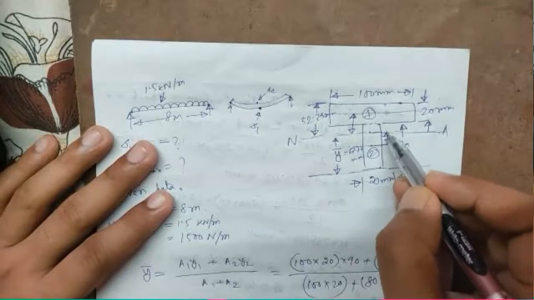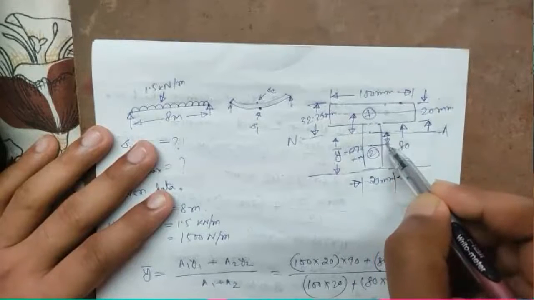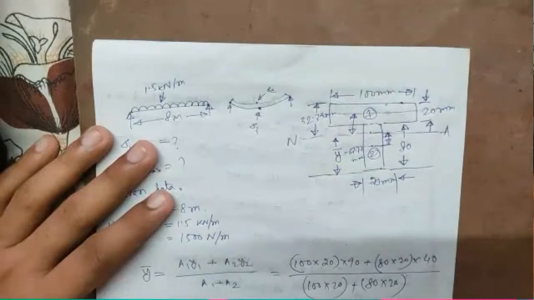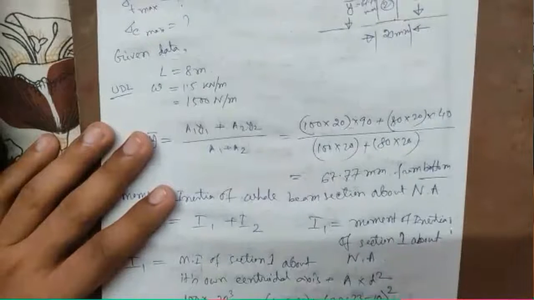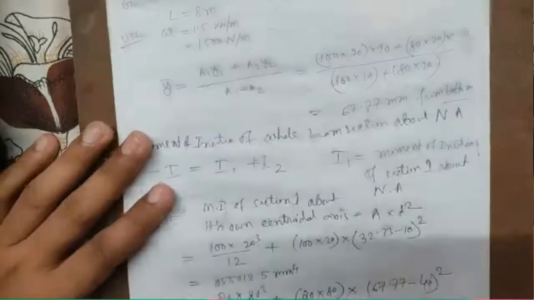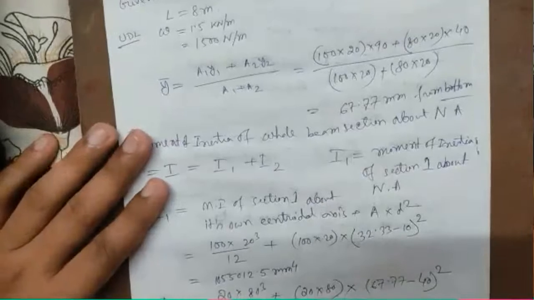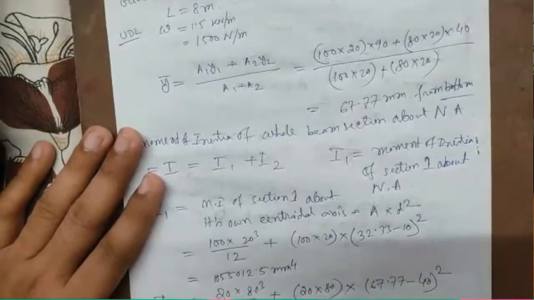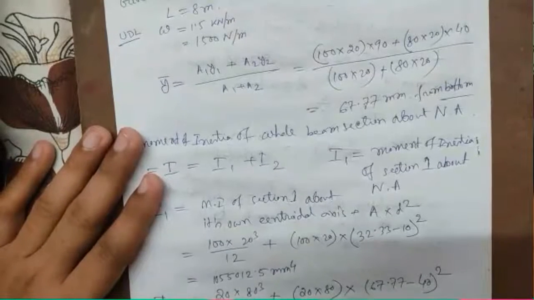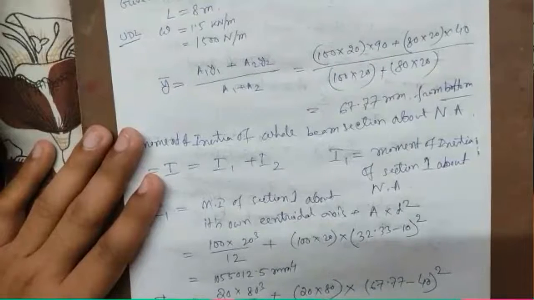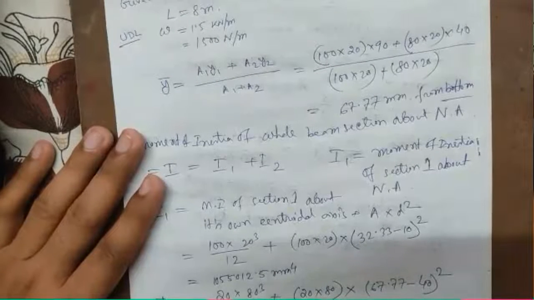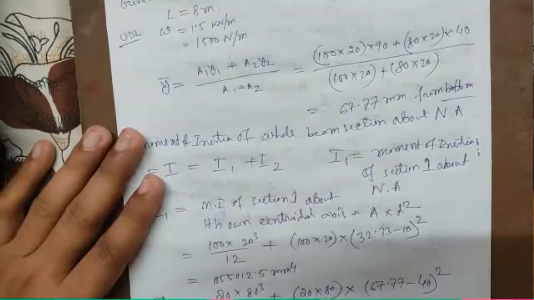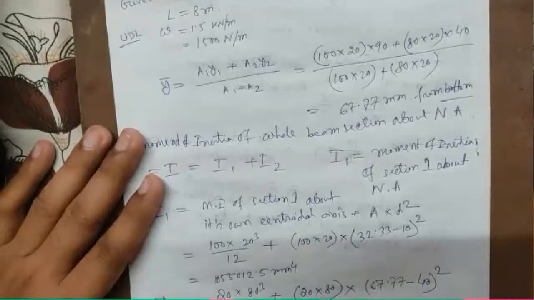So this much will be 67.77 minus 40, whole square. By putting the values and calculating, you will get 2087209.9 millimeter to the power 4.